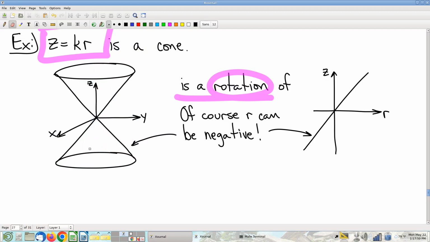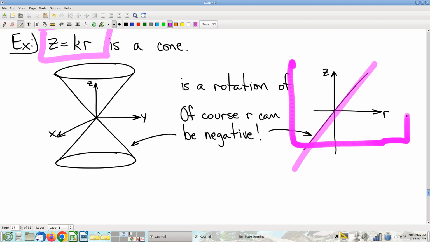That noted, what is it that's being rotated? Well, z equals kr. It's a line. If you look in what you might call the rz plane, z is proportional to r, and so the bigger r gets, the bigger z gets. But then furthermore, if r gets negative, so does z.